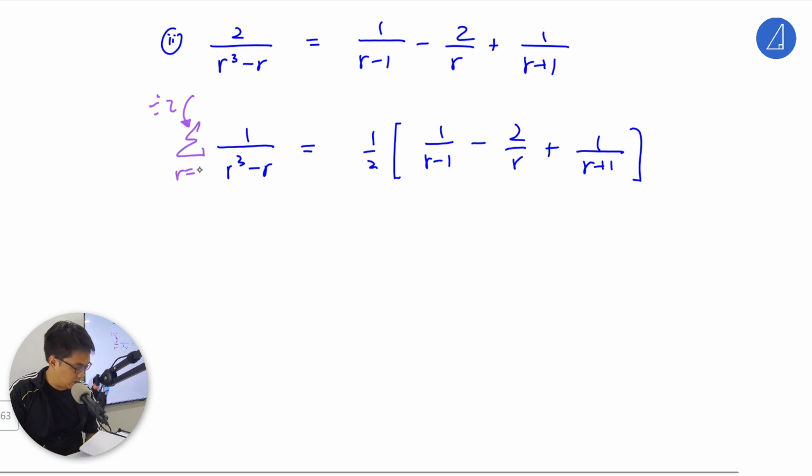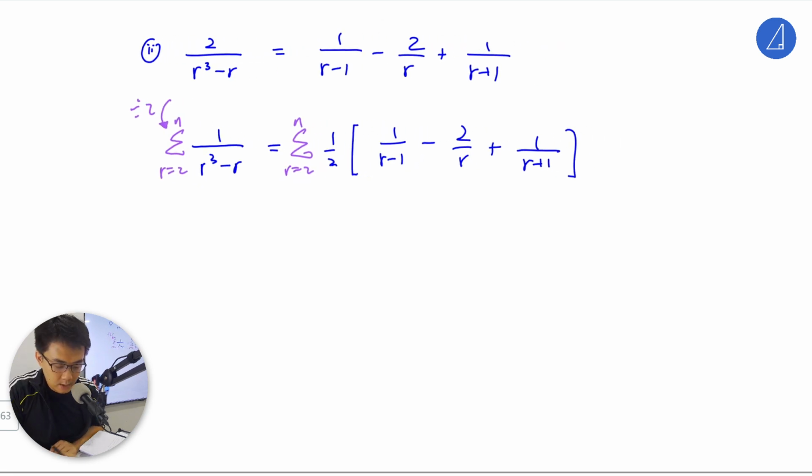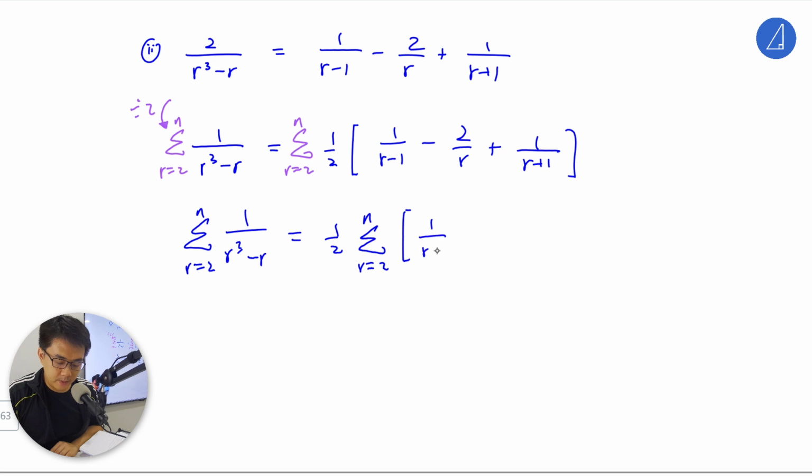R equals to 1 to n. Oh, sorry, 2 to n. So this will be r equals to 2 to n. So in this case here we get the sum from r equals to 2 to n of 1 over r cubed minus r equals to half. And just expand.